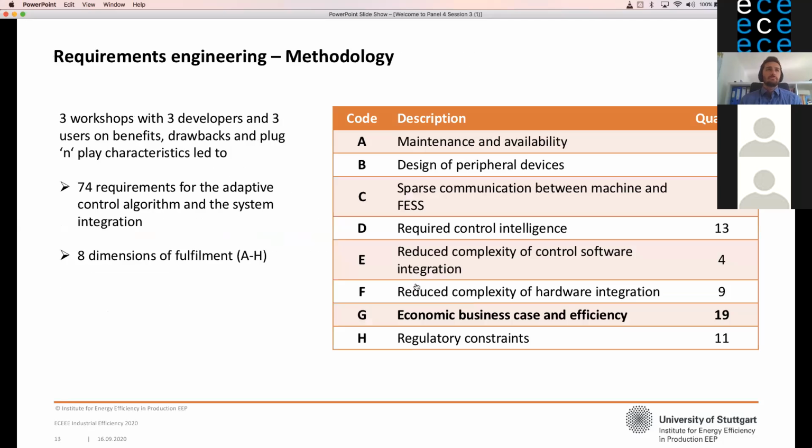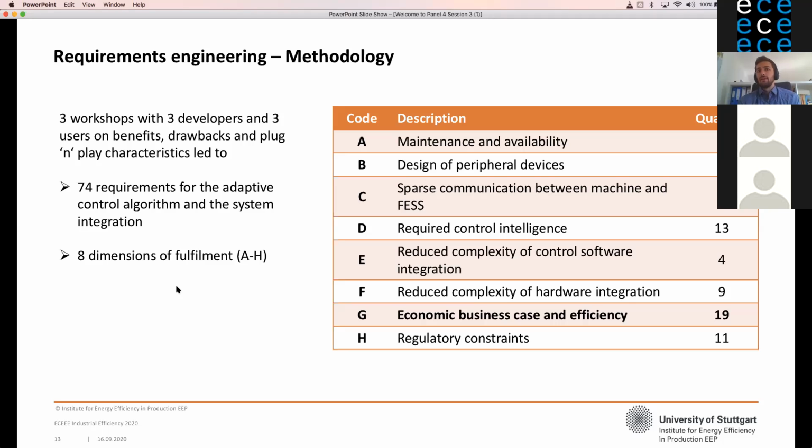So we had 3 workshops, including 3 developers and 3 users in our research project, and had discussions about the benefits, drawbacks, and plug-and-play requirements, which led to 74 requirements in number. As you can see, we built up 8 dimensions of so-called fulfillment and tried to cluster them into these categories.